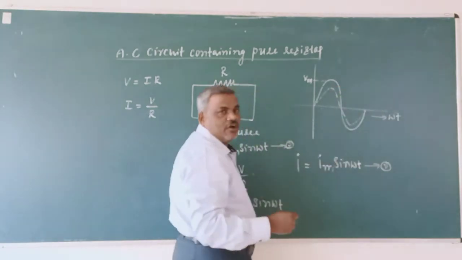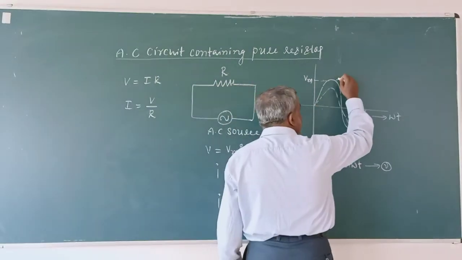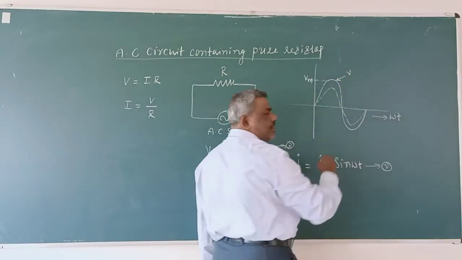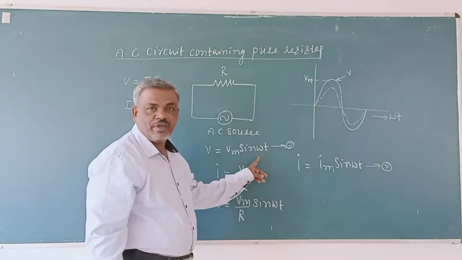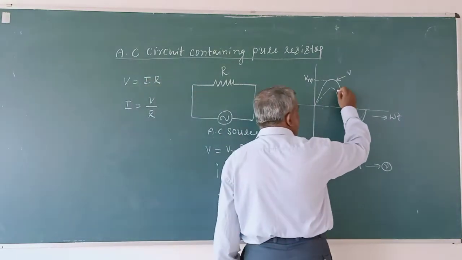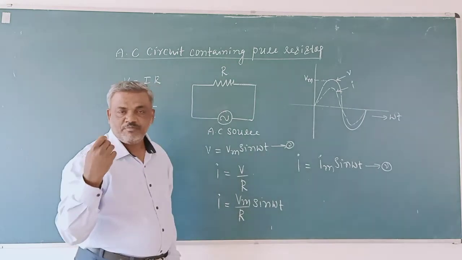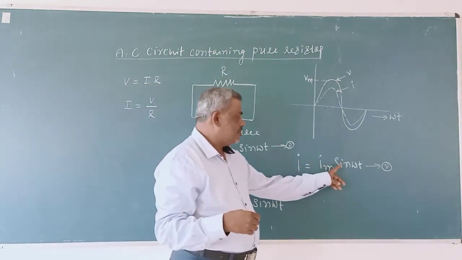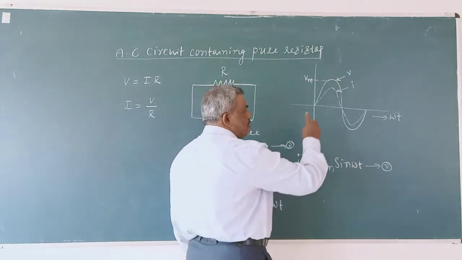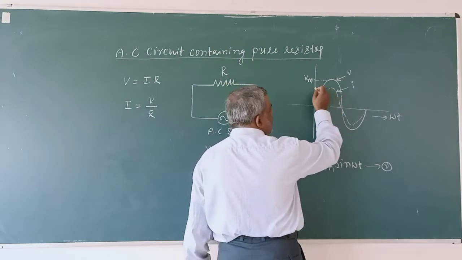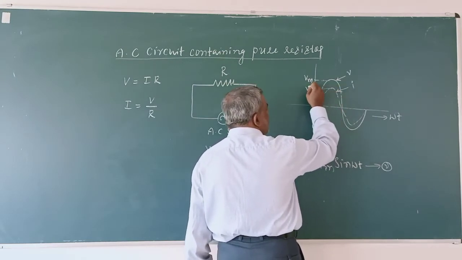So here the solid line is the voltage line, V equals Vm sin omega t. The dotted line is the current line, I equals Im sin omega t. The maximum value of current is called the peak value or amplitude, Im.